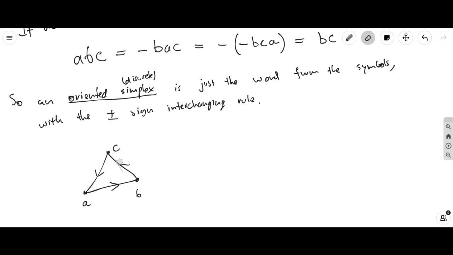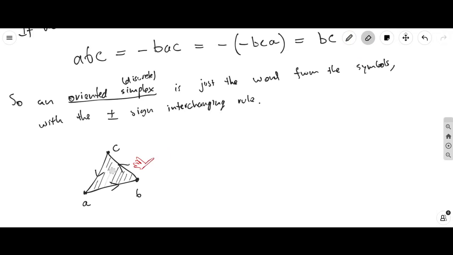And as you follow these arrows, that gives you an orientation. And then you have to, of course, fill this in, because this is a two-dimensional simplex. And the way you get the orientation visually is you use your right-hand rule. This is your thumb, this is your hand. You take your right hand, and your thumb is going to be perpendicular to this plane.